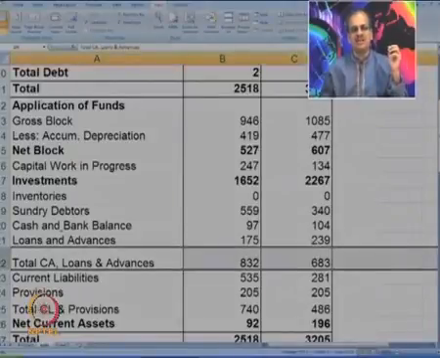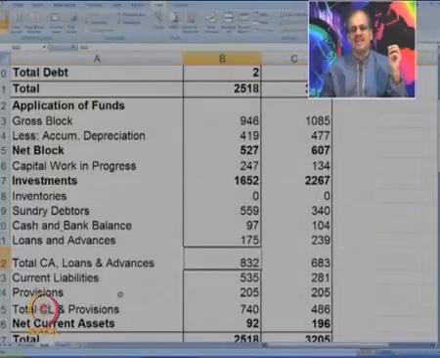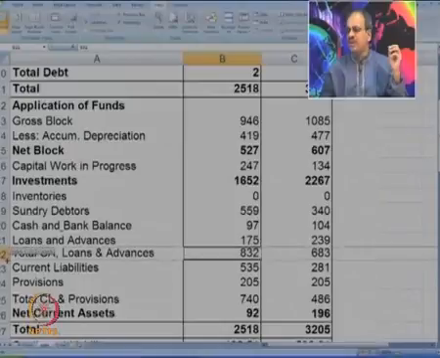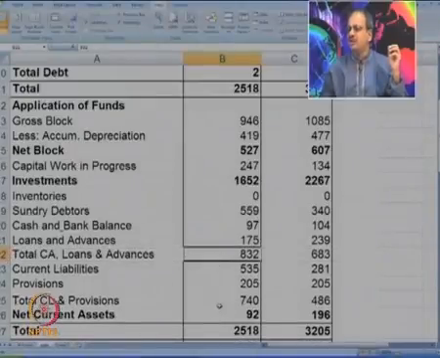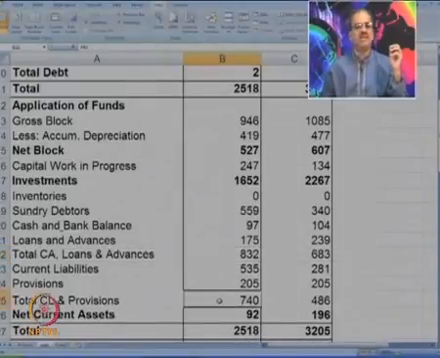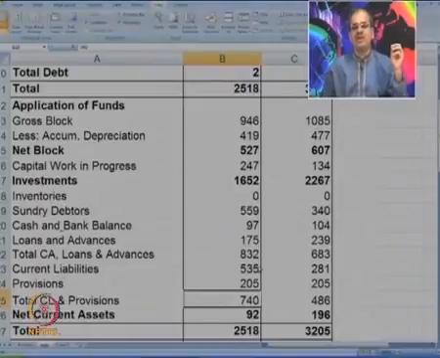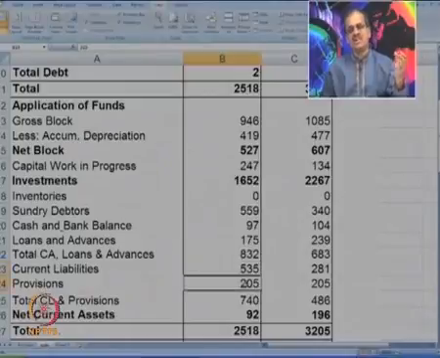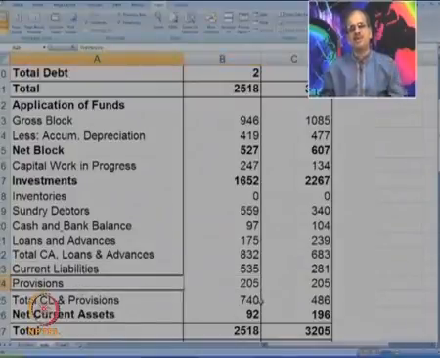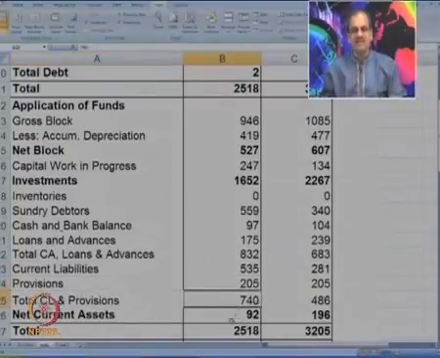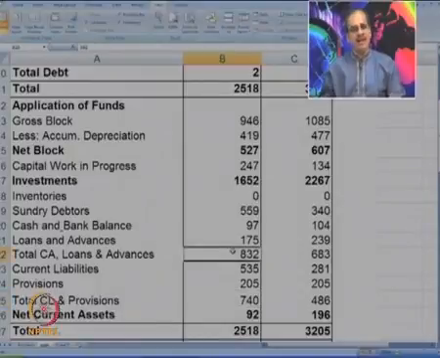You can see here, this is the figure of current assets of the entity, and we are going to relate it with the total CL and provision. Do not take only the figure of current liabilities, that is 535, because provisions are also a part of current liabilities in a broader sense. That is why total CL plus provision, this 940, we have to divide by 832.